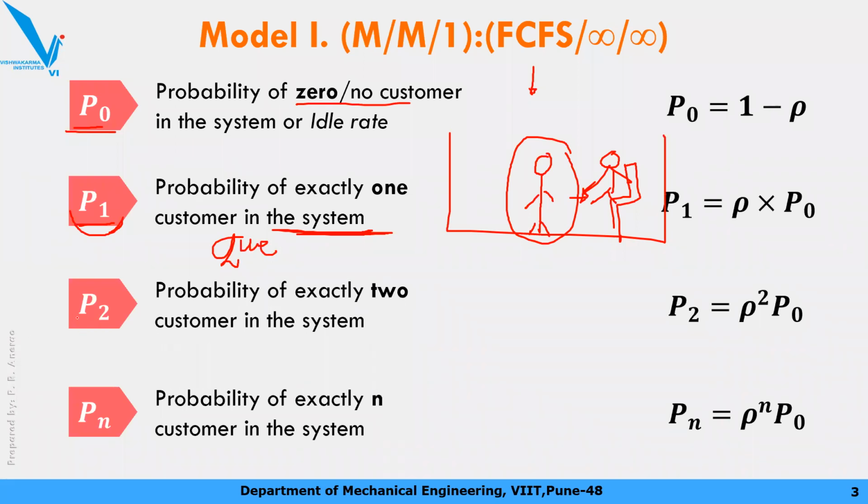Now let's look at another thing, P2, probability of exactly two customers in the system. There are two customers in the system, so this is guy number 1 and this is 2. The first one will go to the server and get service, so his work has started and he is not standing in the queue.